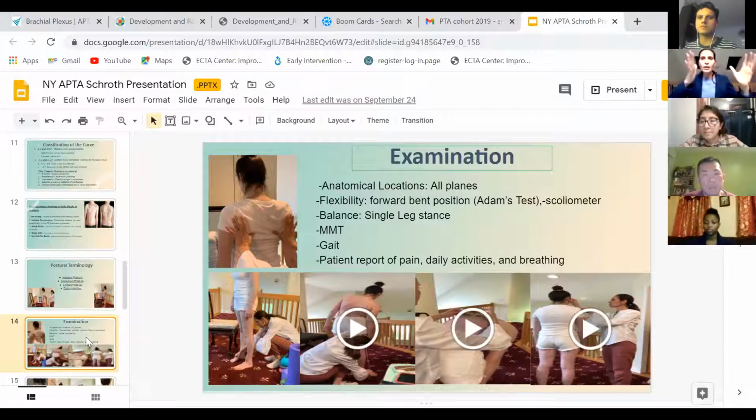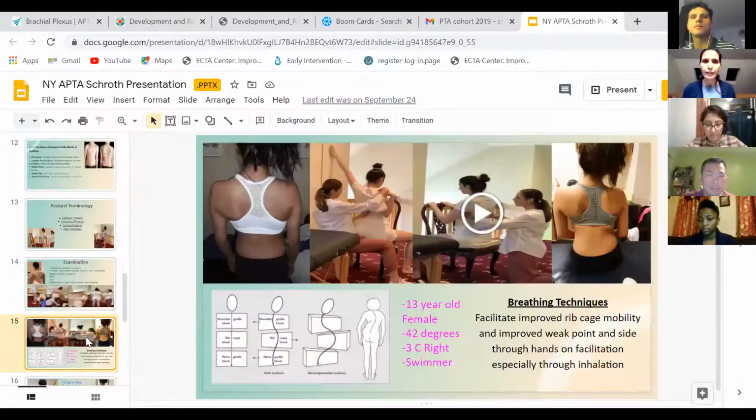So single leg actually is skewed, meaning they don't have the same on both sides. Okay, you will ask pain measures because they do have pain sometimes, and you will ask them about breathing. So sometimes I will test a little bit their breathing capacity, okay, because that is typically affected.